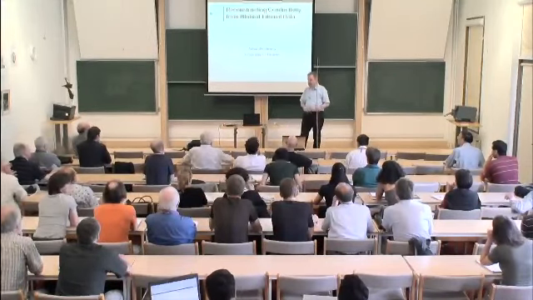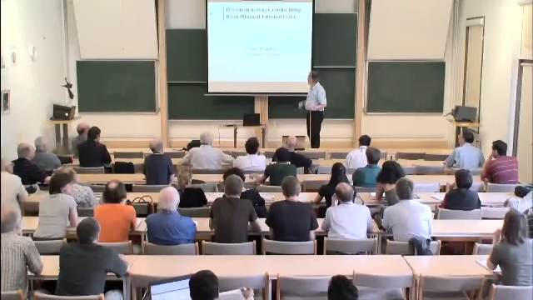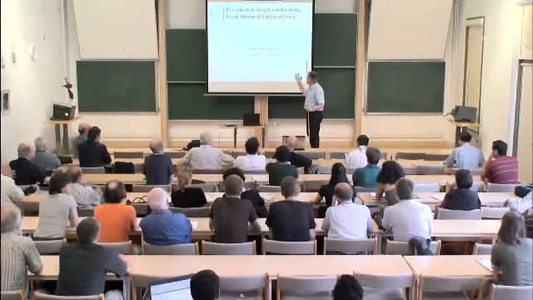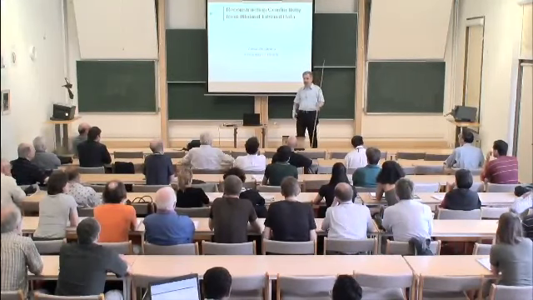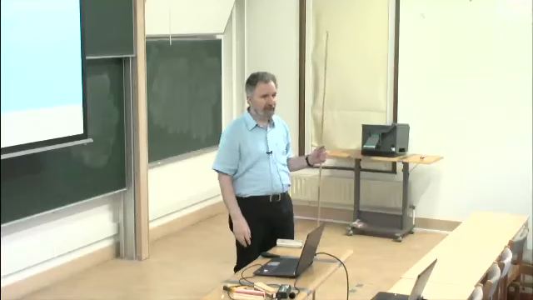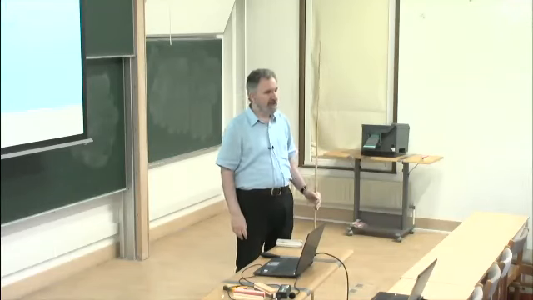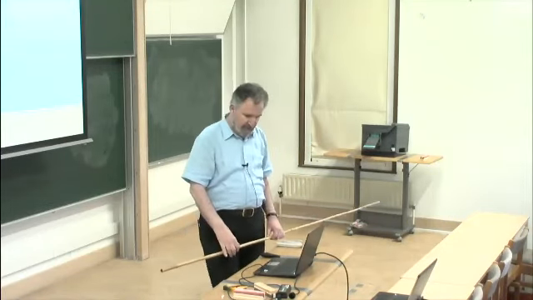So I want this to serve as an introduction to this new sub-area of inverse problems where the data is on the inside. You've heard already Gunther's beautiful lectures last week on such problems.